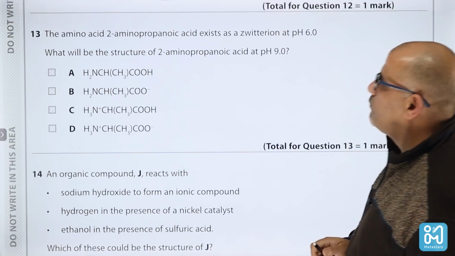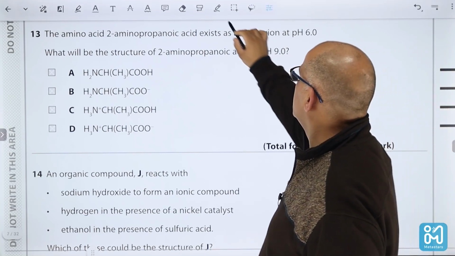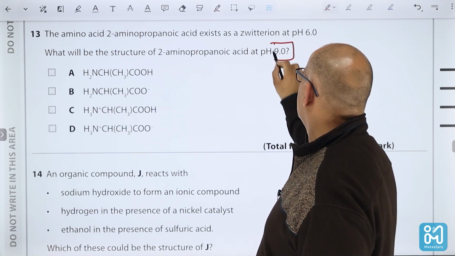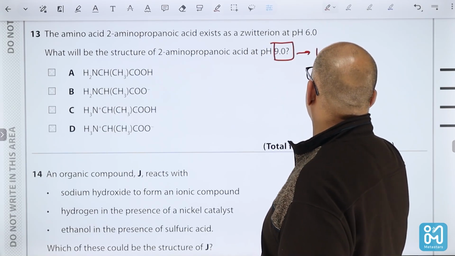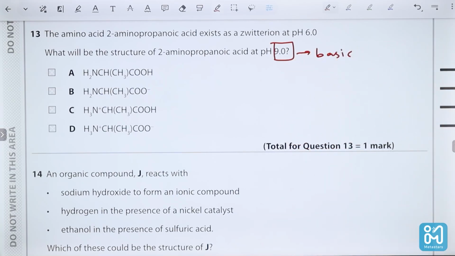Now, for the amino acids: 2-aminopropanoic acid exists as a zwitterion at pH 6. What will be the structure of 2-aminopropanoic acid at pH 9? Look, at pH 9 it's basic, so the ion will lose the hydrogen ion, or the proton.